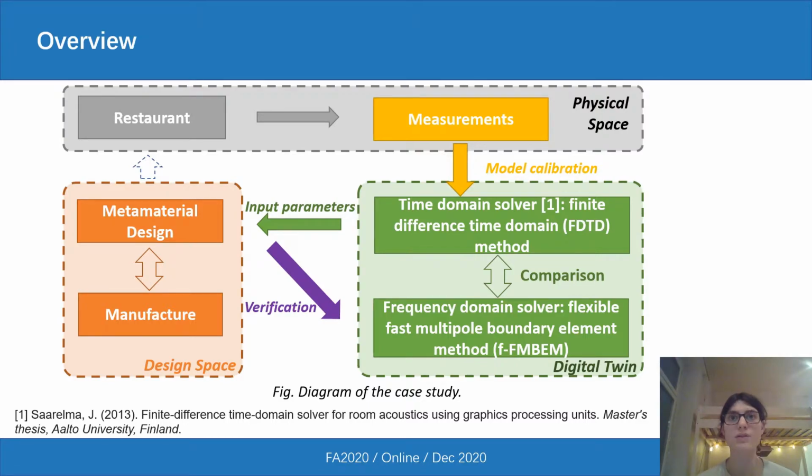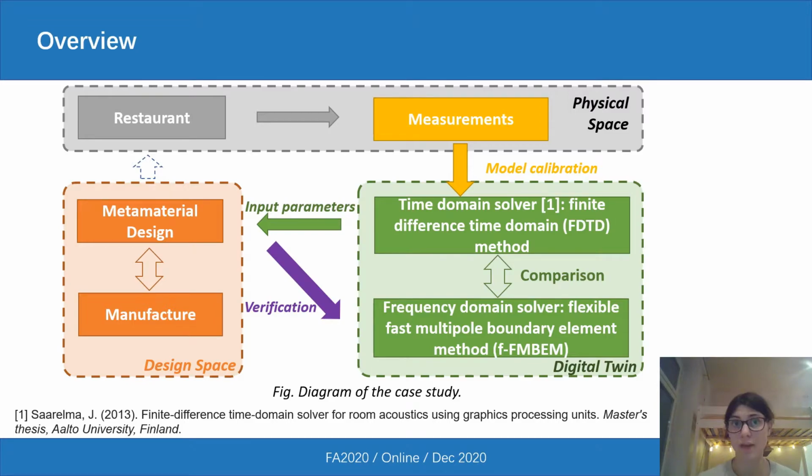Obtaining and using the digital twin, it was then possible to investigate different acoustic treatments and their efficiency in reducing the reverberation time. More specifically, the dimensions, target frequencies, and impedance of an efficient acoustic treatment could be estimated using the digital twin. These parameters were then used as input for optimizing the metamaterial design.